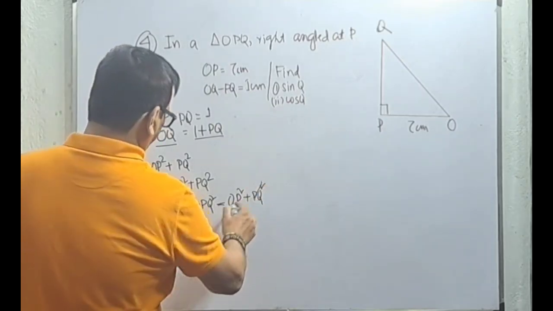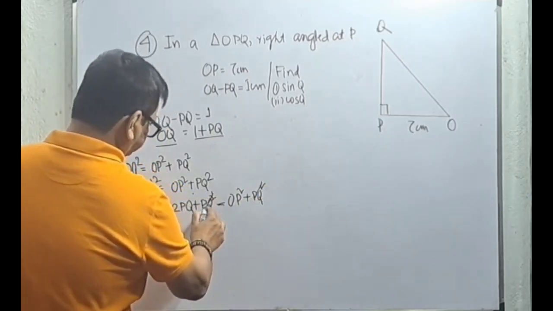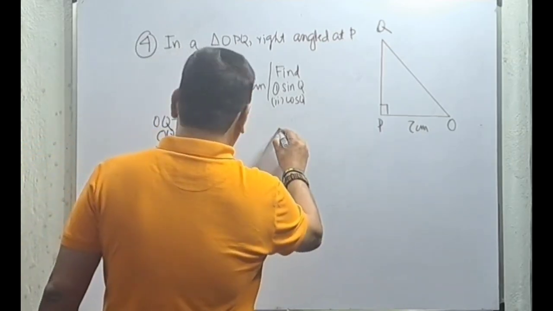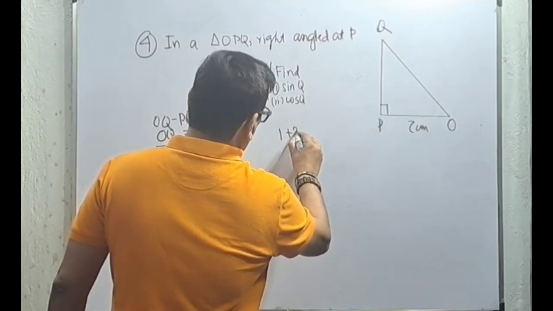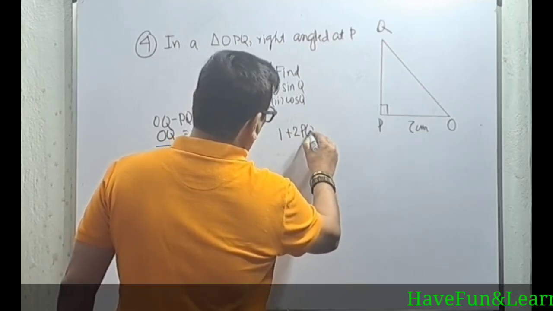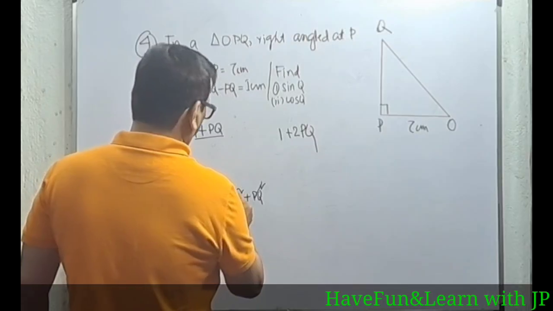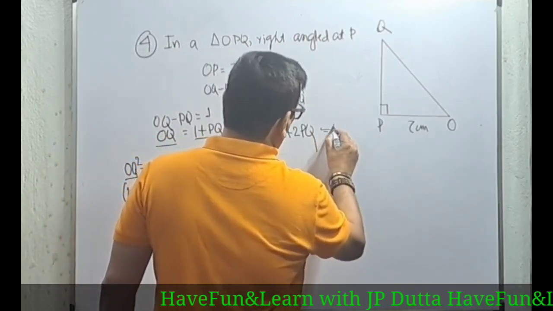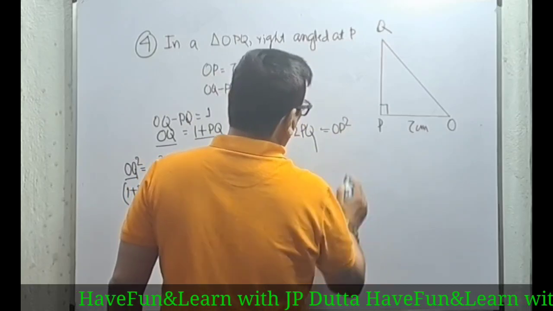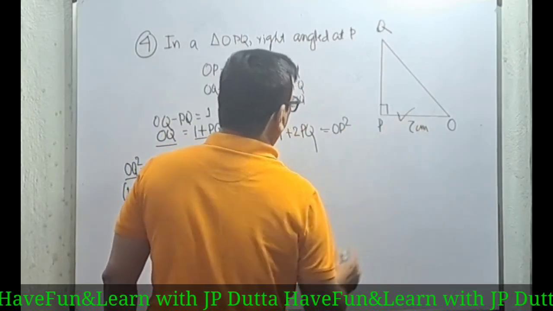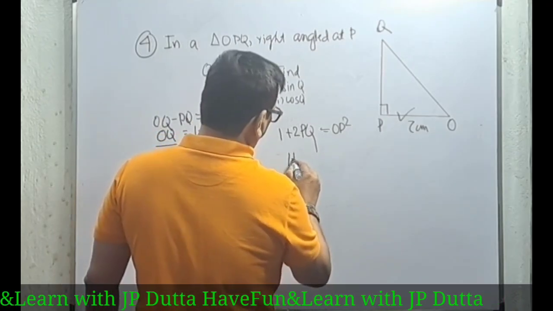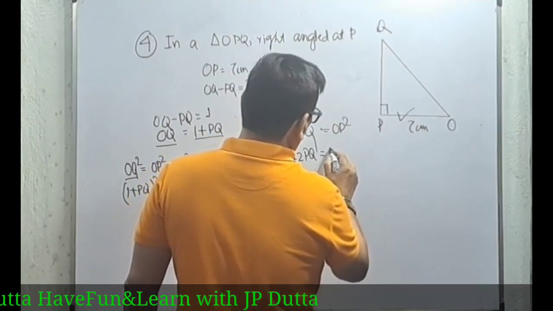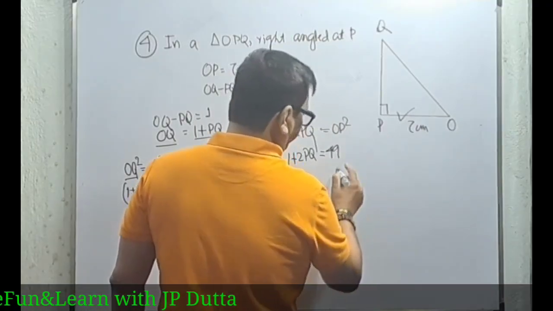So these two cancel out. So we get 1 plus 2pq from here is equal to OP square. Now OP is given, so you can write 1 plus 2pq is equal to 7 square or 49, right?